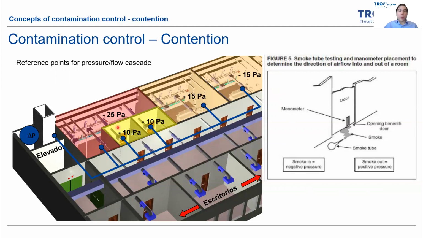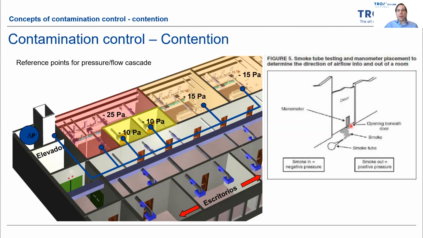So it's quite important to have this reference point in a neutral point that's not impacted by environment movement, and it should not be the shaft of the elevator, because every time the elevator moves, this pressure will float in this shaft, and the valves will try to correct something that they don't need to correct, because the room is already working fine.